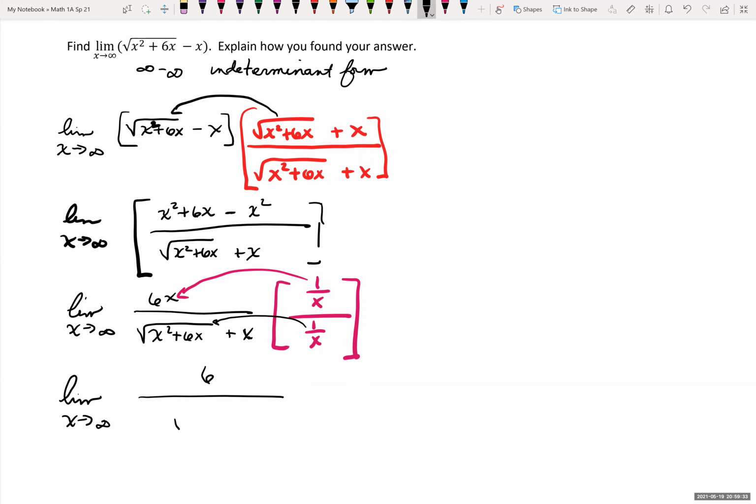That's the same thing as x squared over x squared, because the square root of x squared is x. And then when I distribute the 1 over x to this x, that just gives me a plus 1.